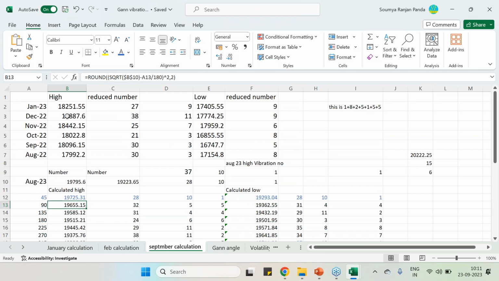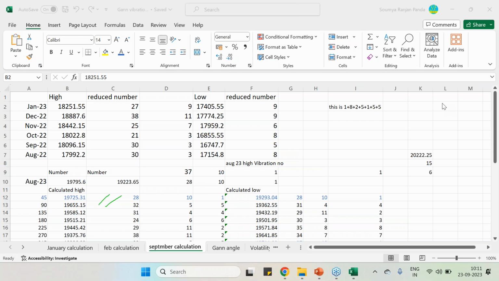So I have given here January 2023, August, September, October, November, December, January. All months you select, you will get 90% of the cases. In 90% of cases, these calculations will match and respect these vibration numbers. 9 to 10 months you can get it.